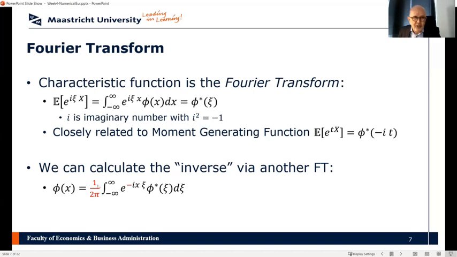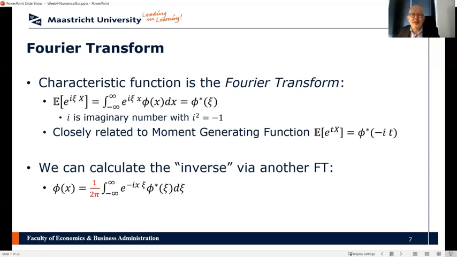One of the properties of the Fourier transform is that it's almost a symmetric operation. If I integrate over e to the power plus i xi x, I get the Fourier transform. And if I integrate over e to the power minus i xi x of phi star of xi, I get the original function phi of x back, but there is this factor 1 over 2 pi. And there are slightly different conventions.